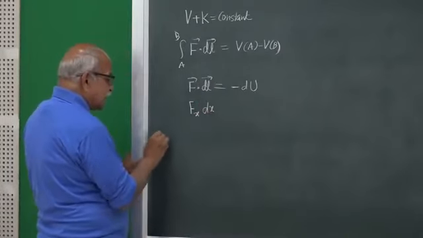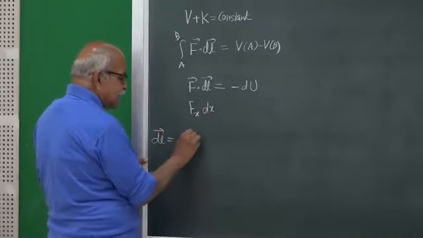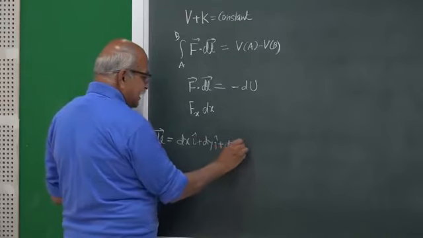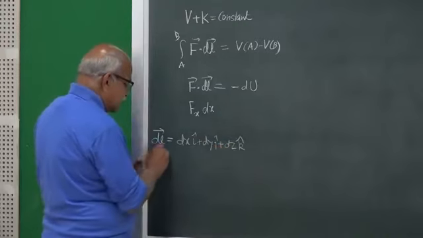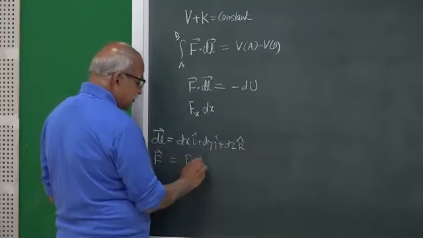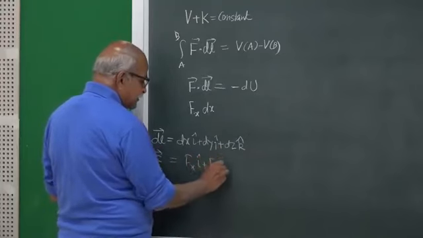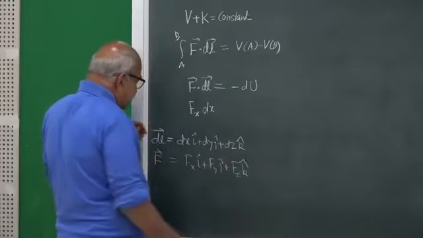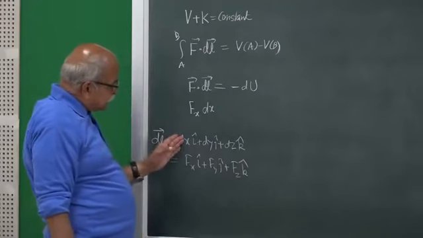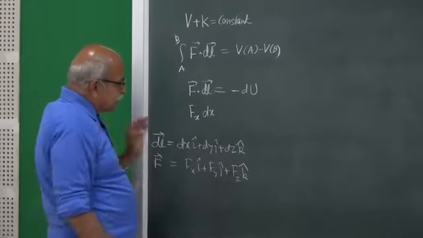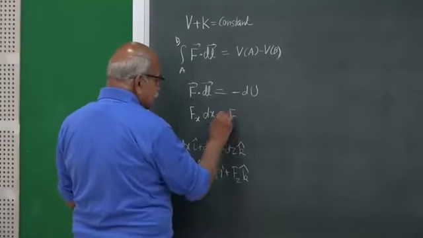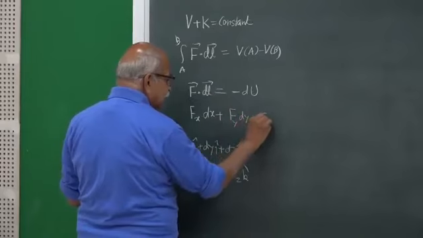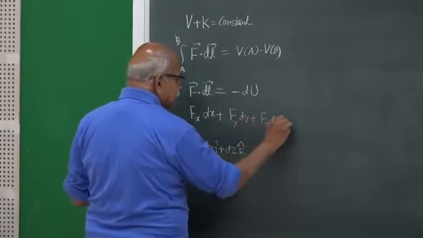So, dl you can write as dx i cap plus dy j cap plus dz k cap, and F you can write as Fx i cap plus Fy j cap plus Fz k cap, and if you take the dot product, it is Fx dx plus Fy dy plus Fz dz. So, this is Fx dx plus Fy dy plus Fz dz, this is minus dV.